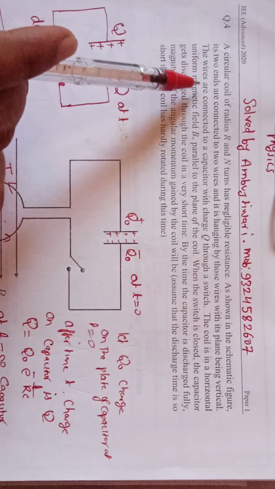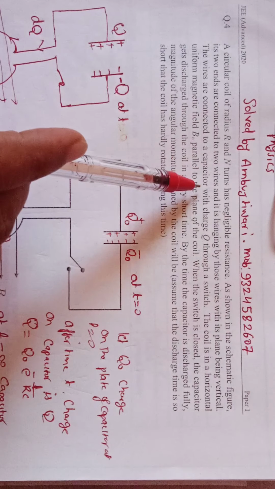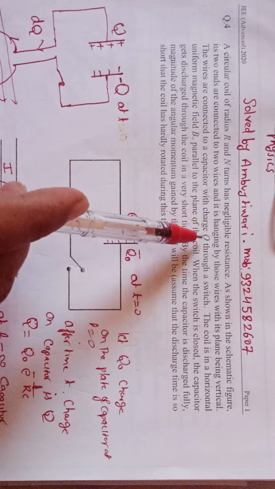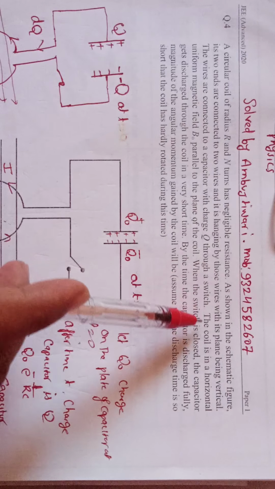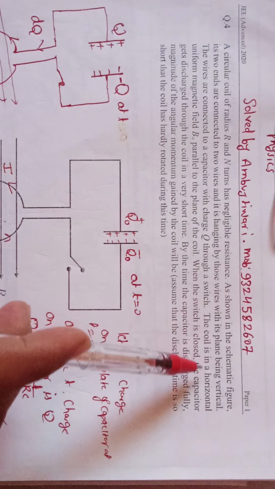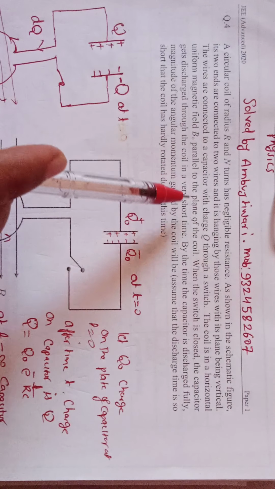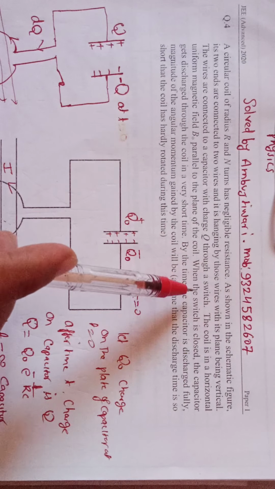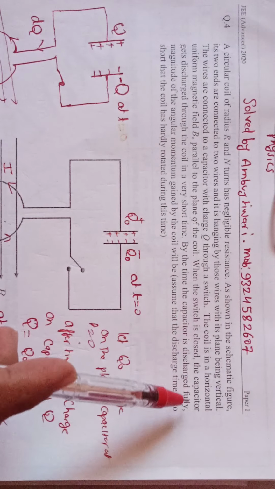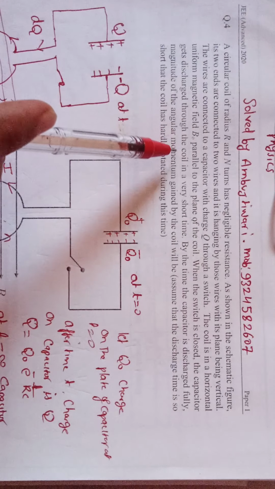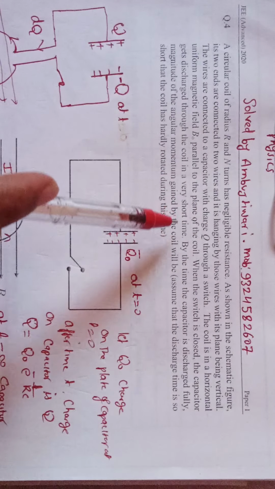The wires are connected to a capacitor with charge Q through a switch. The coil is in a horizontal uniform magnetic field B0 parallel to the plane of the coil. When the switch is closed, the capacitor gets discharged through the coil in a very short time.